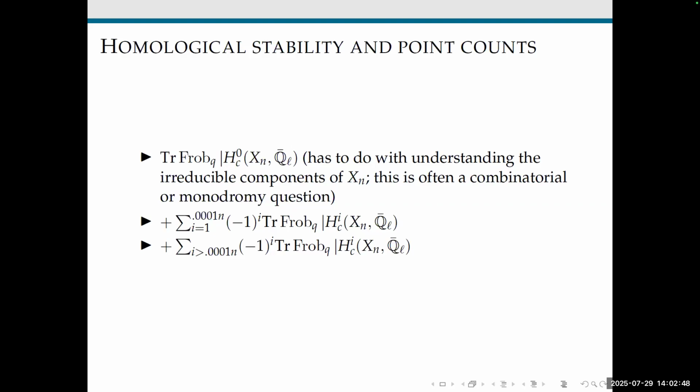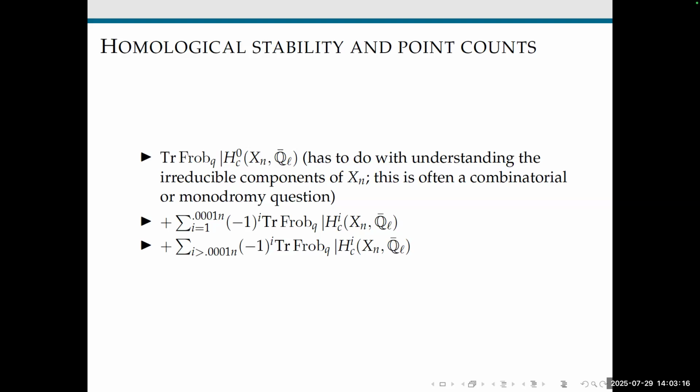Okay, so first, there's the H naught. Well, H naught is what tracks the irreducible components of Xn. And in the cases of interest, I'll say a little bit about this near the end, it's not as easy as it is for configuration space, where you can sort of see that the space is irreducible, but it's manageable. It's often something that you can prove in a combinatorial way. That's what happens in the Hilbert schemes.